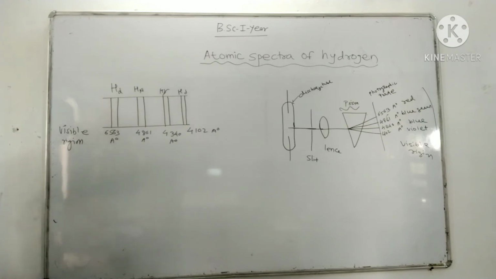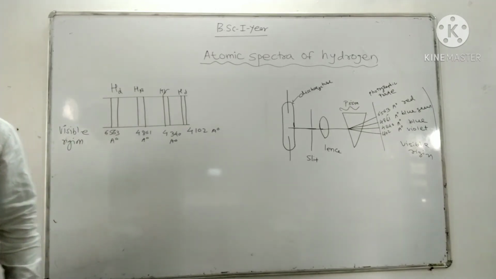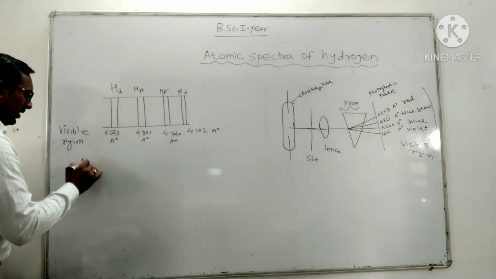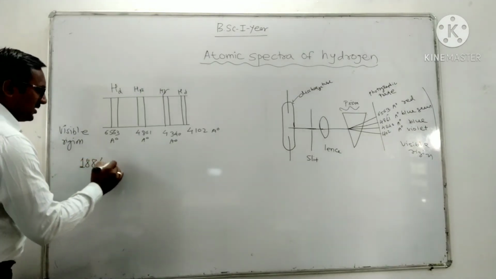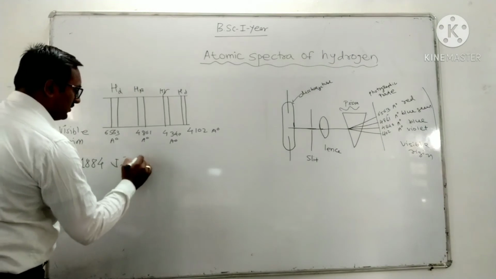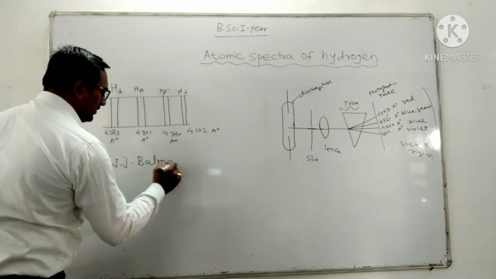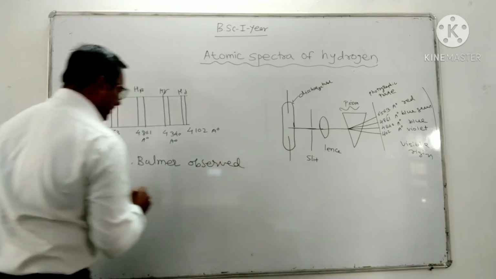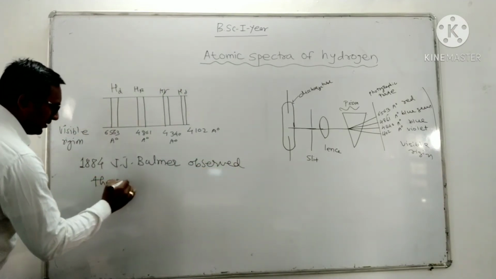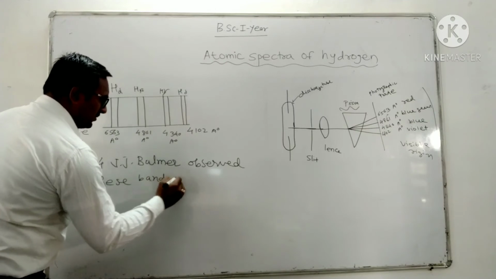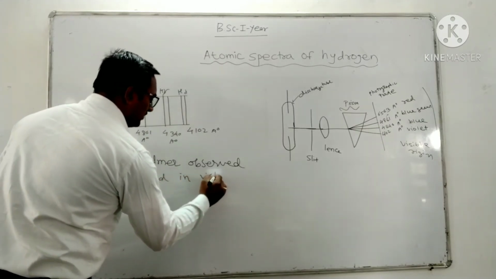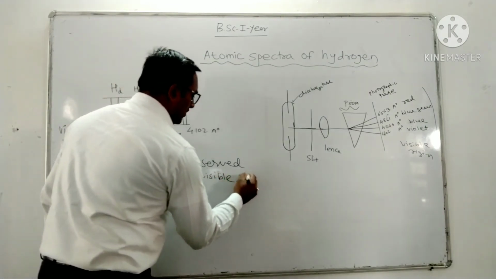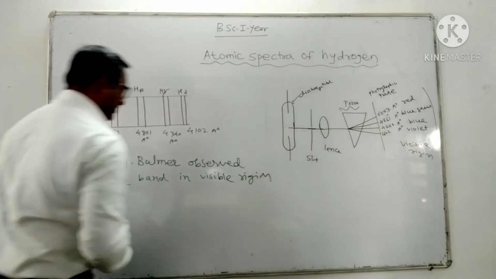The scientist J.K. Balmer in 1884 observed these bands in the visible region.